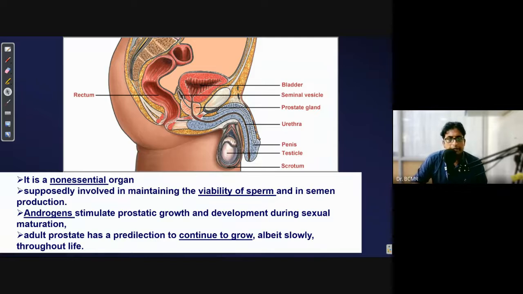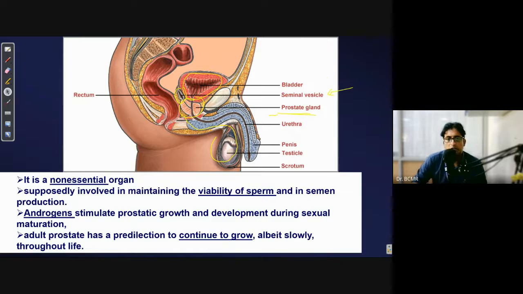So the prostate gland is somewhere here, if you can see it. That is the prostate gland, right? It is in between. You can see the bladder, where the urine is collected, and these are the male reproductive organs, the testis, and the seminal vesicle, where the sperm is stored.